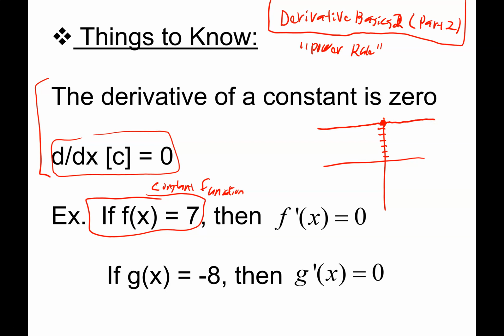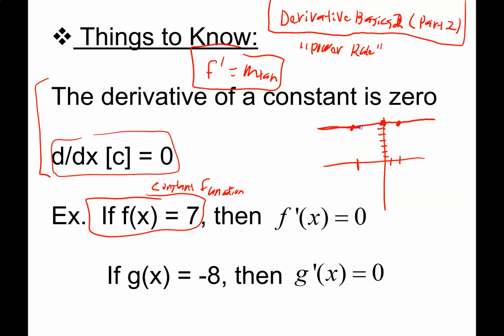And again, if you draw better than I do. In this case, no matter what my x is, my x could be out here at like -5 or something, the y value is still 7. I could be at x equals 2, something like that. Y is still 7. My y value is constantly 7. Now again, when we talk about f prime, we're talking about the slope of the tangent.